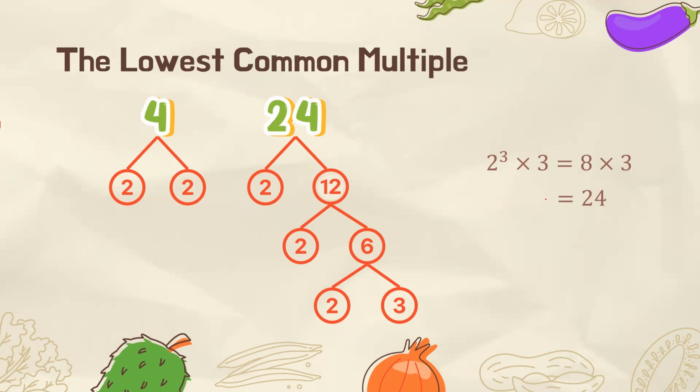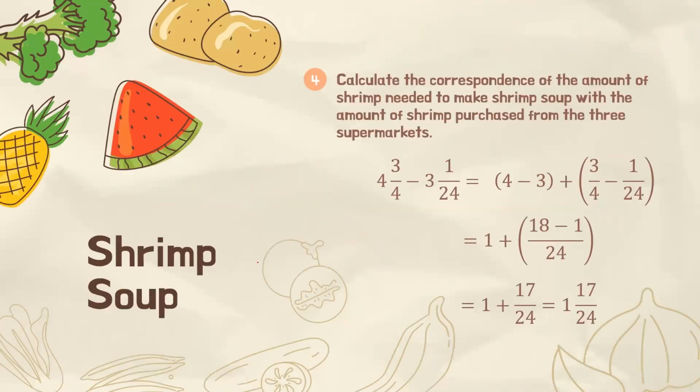Then we can multiply the initial fraction form so that it has the same denominator of 24. Then, we have 3/4 minus 1/24. The denominator is 24, so we got 3 times 6 and 1 times 1. It will be 18 minus 1.